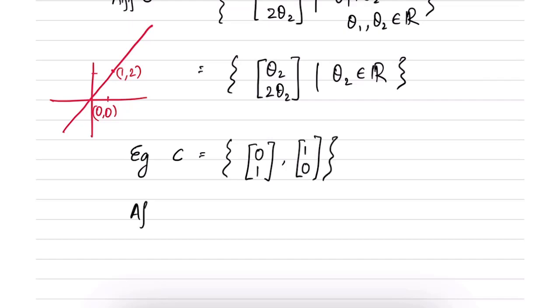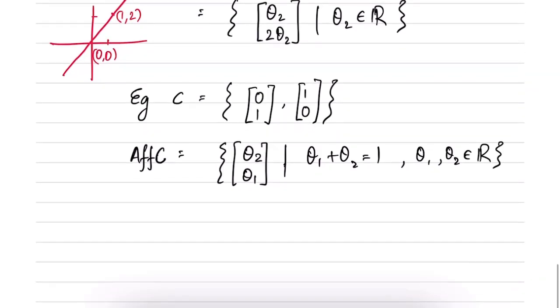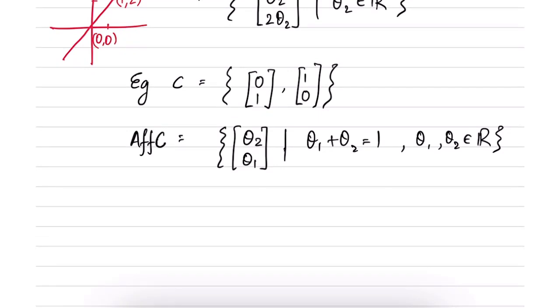What is the affine hull? As you can see, the affine hull in this case is given by (theta 2, theta 1), where theta 1 plus theta 2 add up to 1 and theta 1, theta 2 are both real. So again, let us eliminate either theta 1 or theta 2 just so as to get a more compact representation.